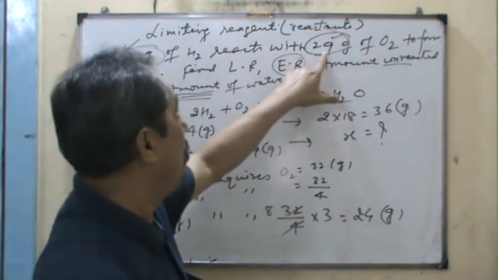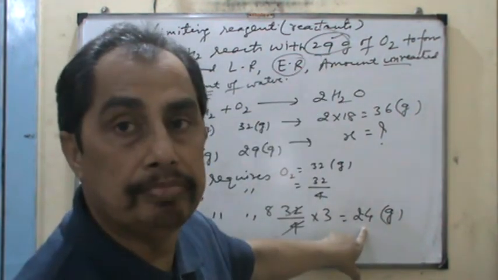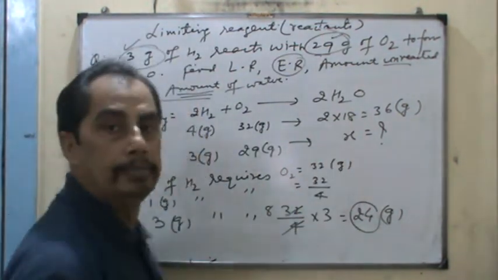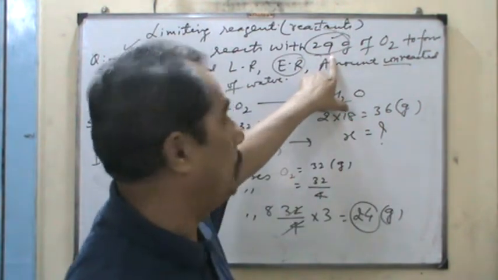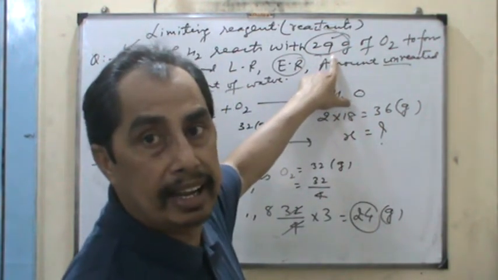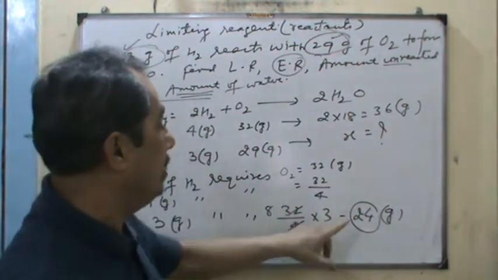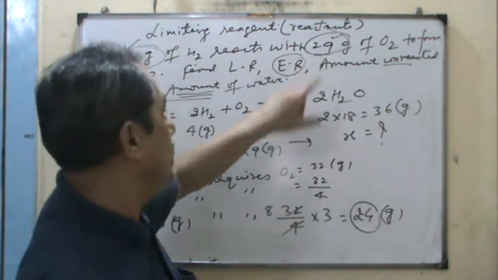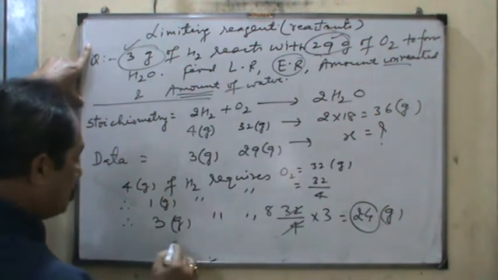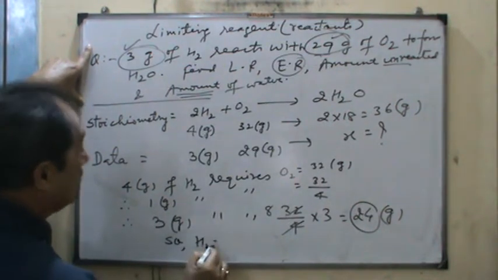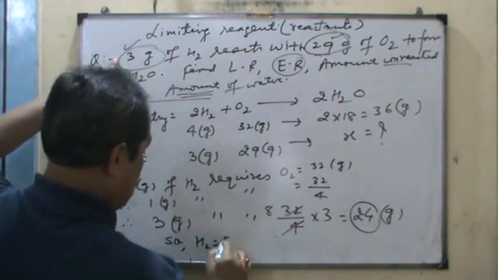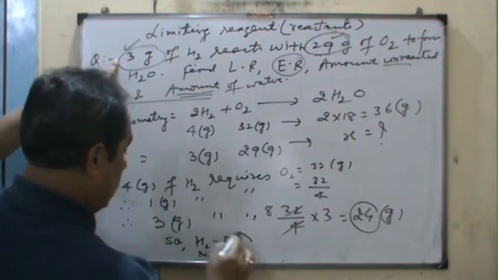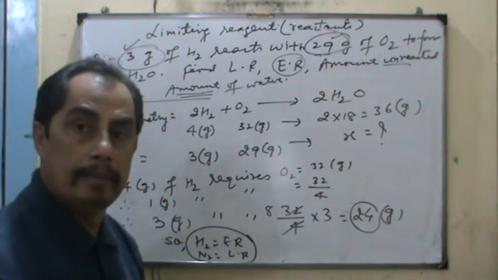The supplied amount is more than the required amount. Try to understand: hydrogen needs 24 grams of oxygen, but the supplied oxygen given to us is 29 gram. So we have to compare. We need 24 and the supplied is 29, that means the supplied is more. So oxygen is the excess reagent and hydrogen is the limiting reagent, my dear student. Is it clear to you?